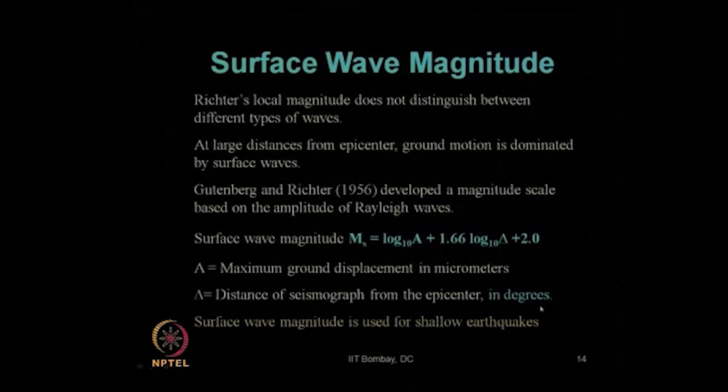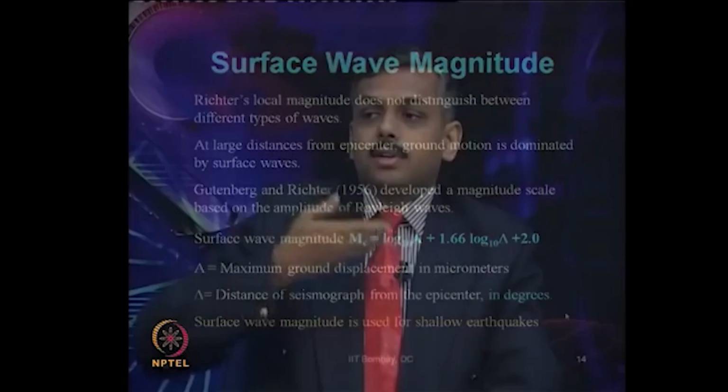How can we find it in degree unit? Earth's circumference we know, typically about 40076 kilometers. So, if on the earth's surface the distance between the seismograph and the epicenter is known, which we can calculate, as we have already discussed through an example problem earlier, that distance you have to convert into the equivalent degree.